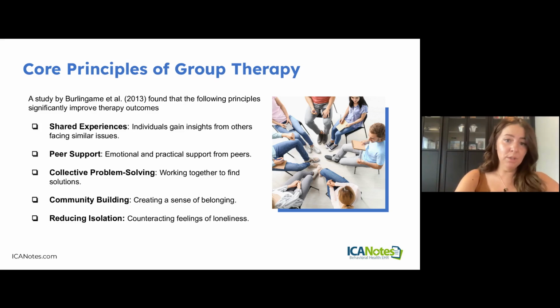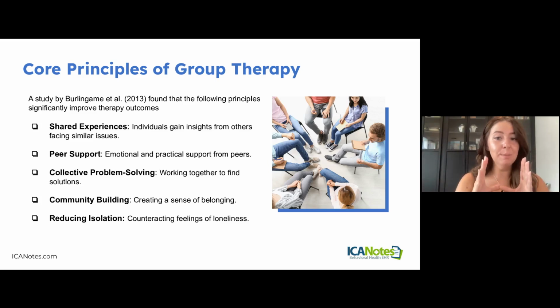The core principles include, so what we really want to do when we're creating a group therapy setting is make sure that we understand what group therapy is for. There are very high acuity clients or patients, however you say that, that would not be appropriate for group therapy, and we'll talk more about that during screening. And then we have people who just are not interested in a group setting.